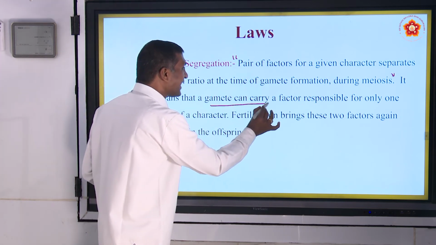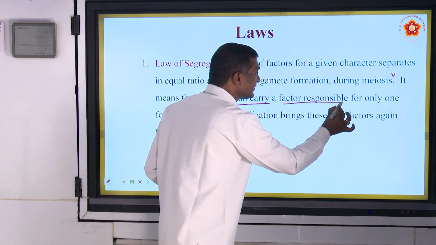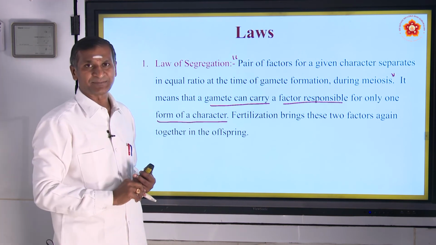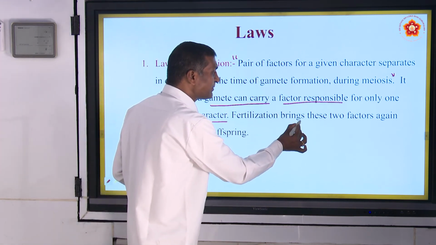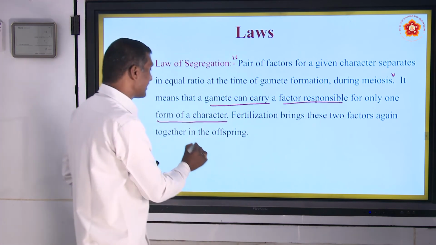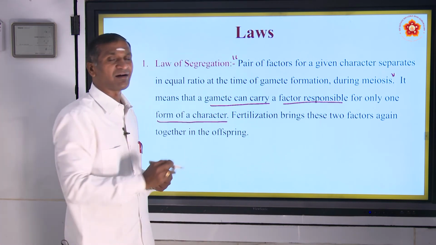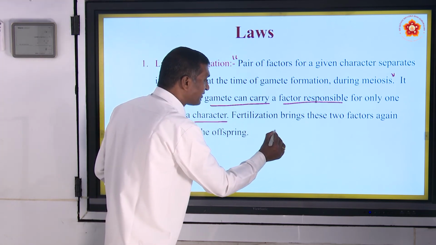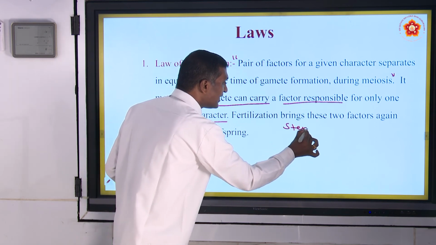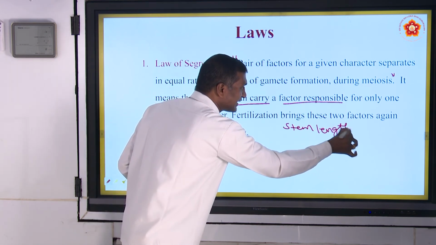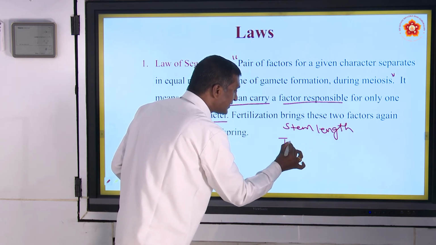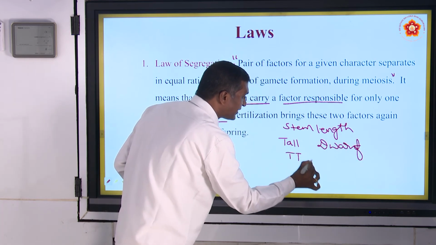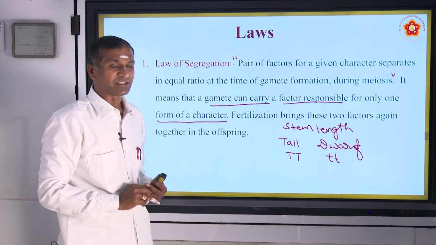A gamete can carry a factor responsible for only one form of a character. Fertilization brings these 2 factors again together in the offspring. Dear students, for your understanding here I would write stem length. If I am going to select a character, we have 2 plants, tall and then dwarf. Tall, capital T, dwarf, small t, small t.